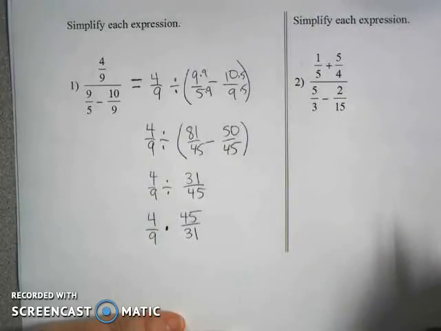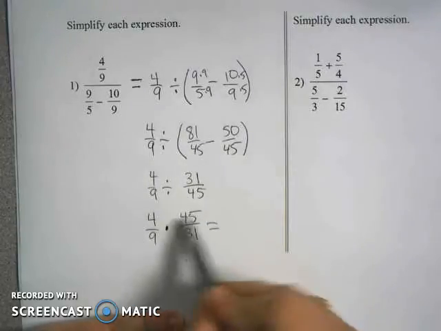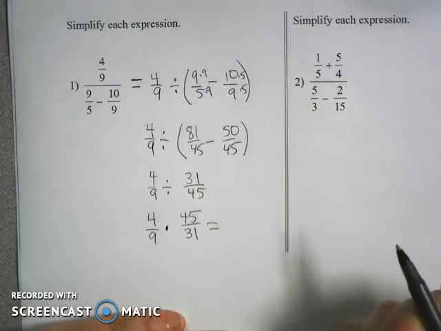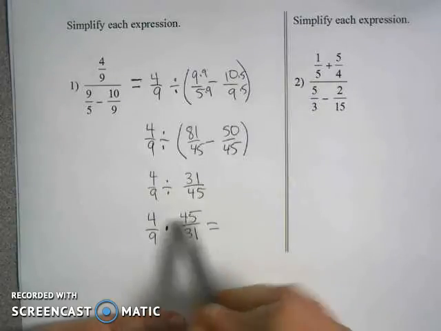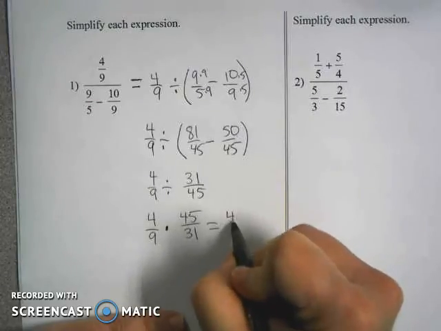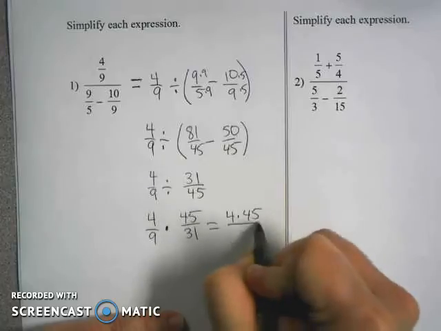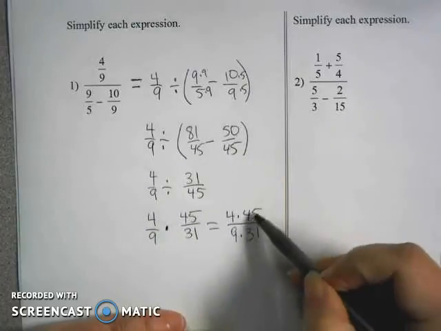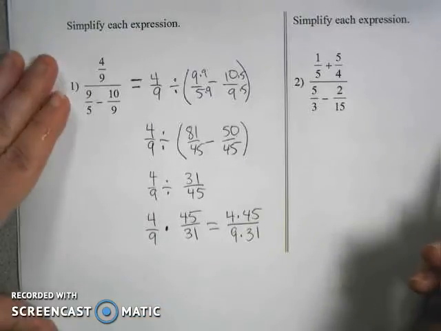Now I look for common factors within the numerator and the denominator. I said common denominators, I meant to say common factors. This is 4 times 45, notice I am not multiplying, and 9 times 31. I notice that in 45 and 9, of course, I have a common factor of 9.